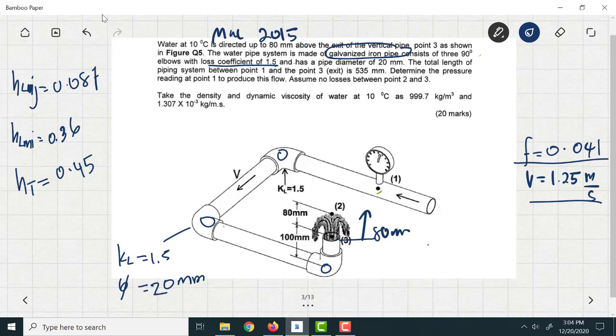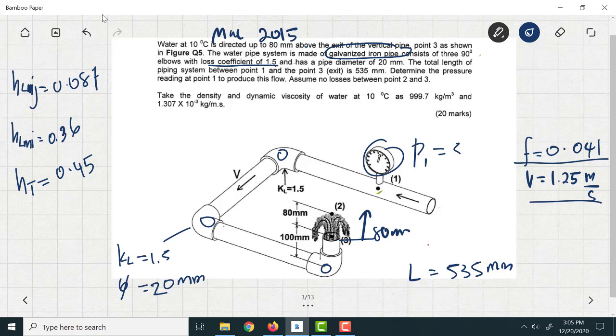The total length of the piping system from point 1 to point 3 exit adalah 535 mm. So unit ni semua awak perlu tukar kepada meter. Determine the pressure reading at point 1. So you want to find P1. Berapa P1? Assuming no losses between point 2 and point 3.